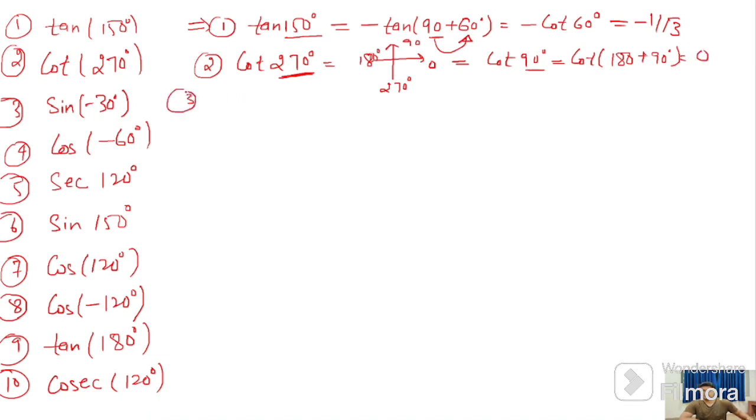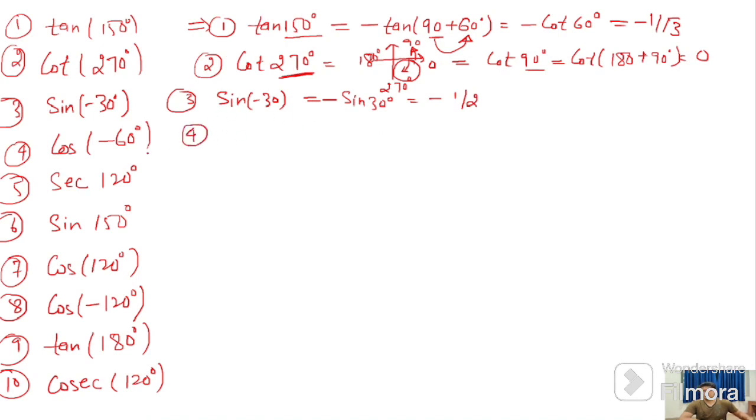Moving further to the third question, sine minus 30. Minus means we are moving clockwise in this direction. This will be positive and this will be negative. So sine minus 30: in this quadrant, sine is negative. So sine minus 30 will be minus sine 30, which is minus 1 by 2.